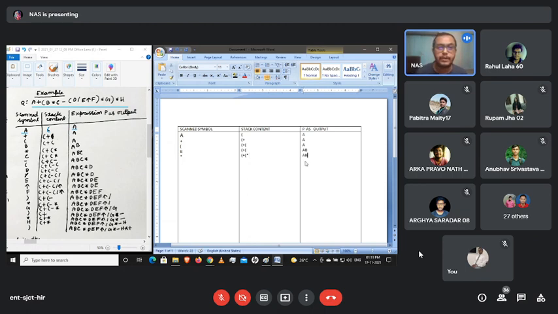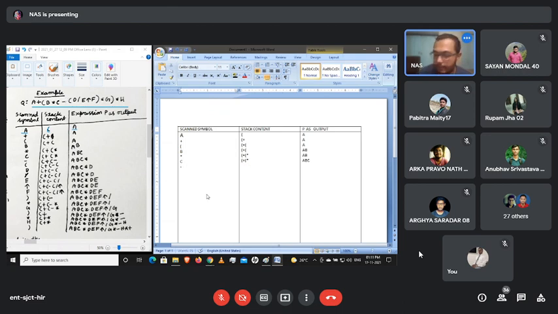Then after star, we are again encountering C. C is an operand, so C will come on the output side, and this one will be just as it is. There will be no changes there. After C, we are encountering minus.